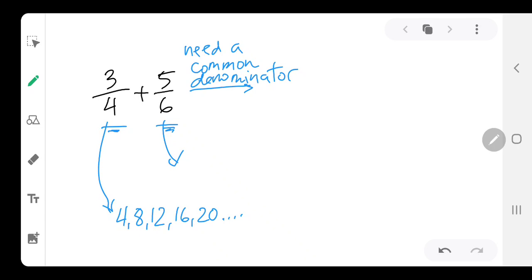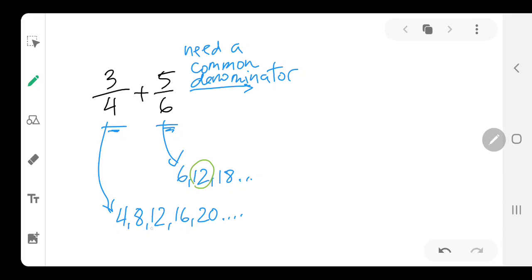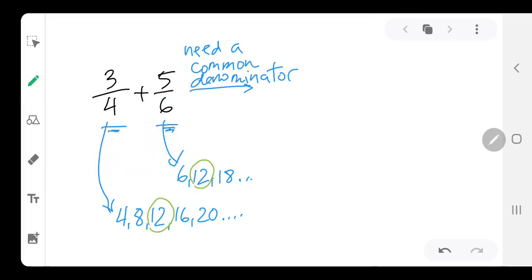These are small numbers, so I'm not going to look for too many multiples, and we do the same thing for 6. So 6 is a multiple of 6, we got 12, we got 18, and I already can see that there exists a common multiple. And what we typically want is the lowest common denominator, which is the least common multiple between 4 and 6. So that gives us our common denominator.